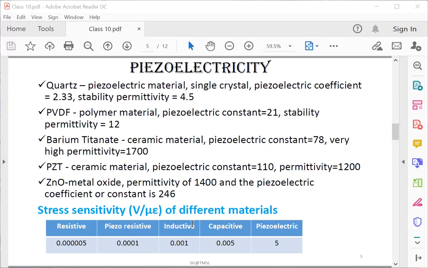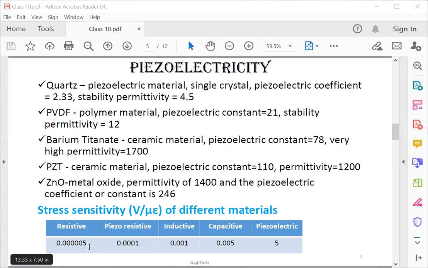If you compare the values, the stress sensitivity in the case of piezoelectric material is highest, with a value of 5, in comparison to other materials, which are 0.005 for the piezo capacitance effect, 0.001 for the inductive effect, 0.0001 for the piezo resistance, and 0.000005 for resistance only. So compared to other property changes, the piezoelectric sensitivity is almost 5, which is a very large value, and this property may be fruitfully utilized.